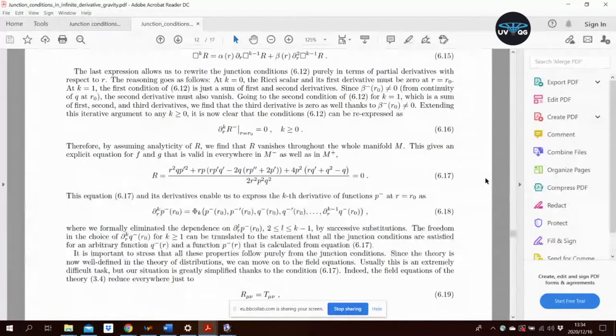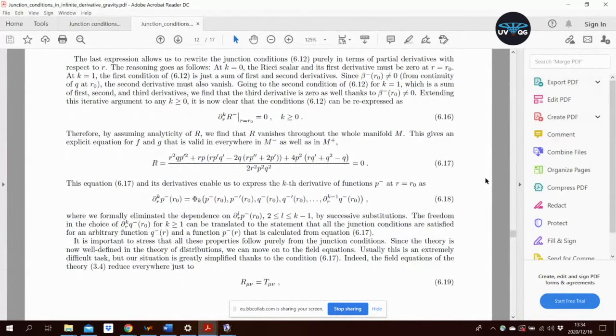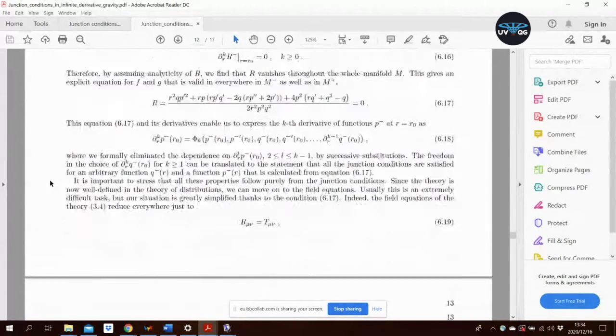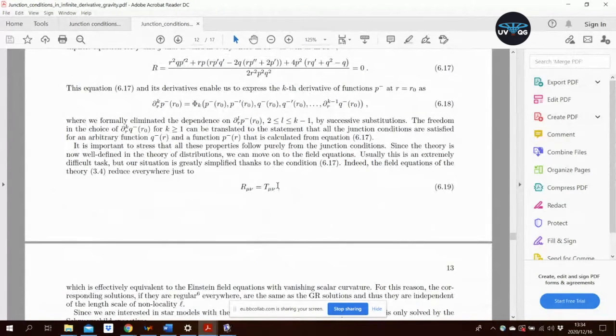You cannot match them with Schwarzschild, for example, because if your Ricci scalar is 0 on the outside, then the Ricci scalar needs to be 0 on the inside. So basically, what you end up with in the interior is a traceless Einstein equation.